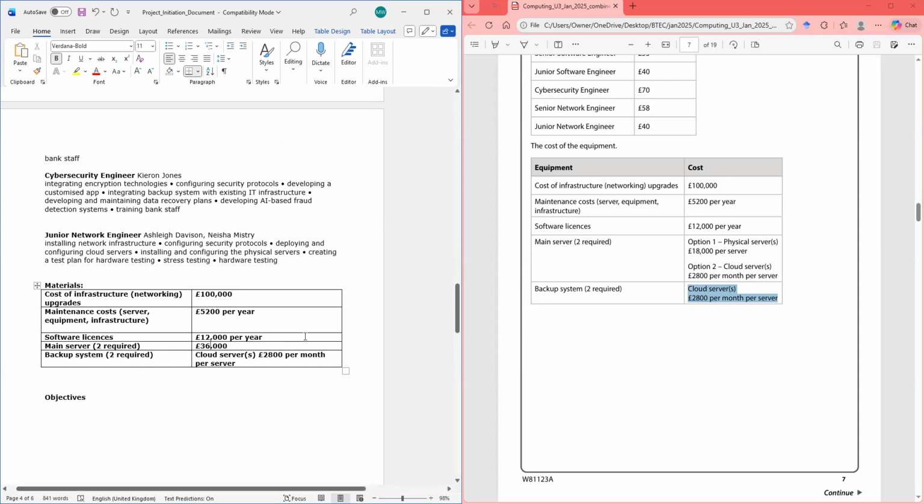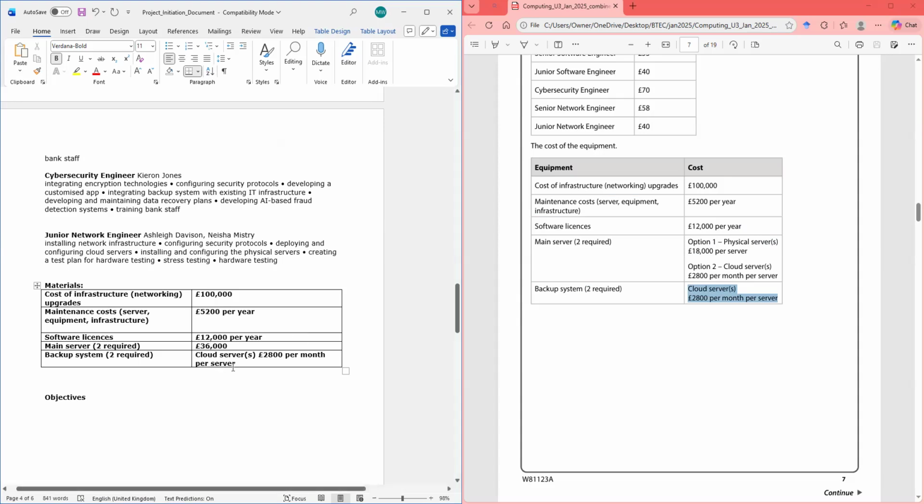how much is that? 56 times 12. So that, let me get my calculator to be sure. So it would be 2 times 2,800 times 12.